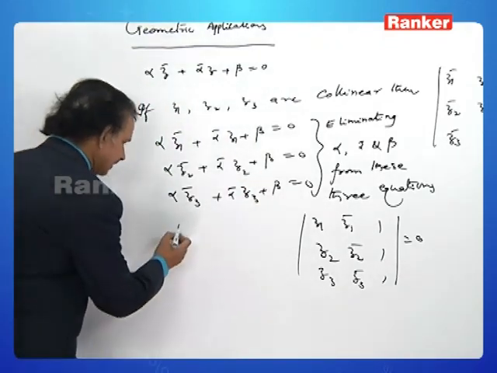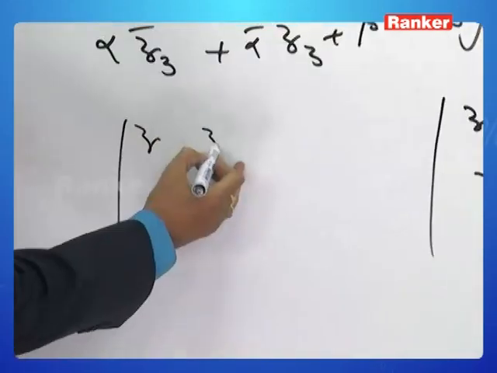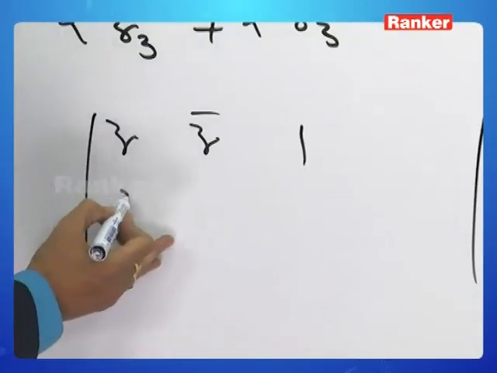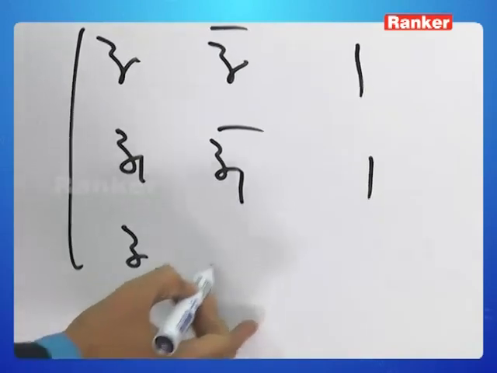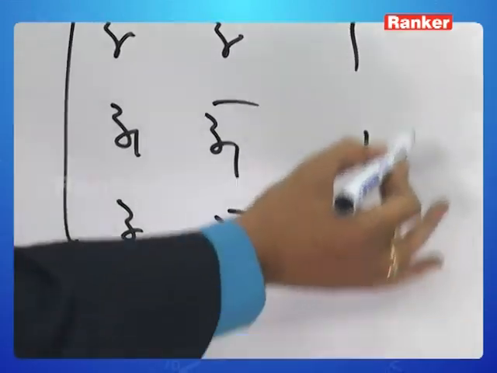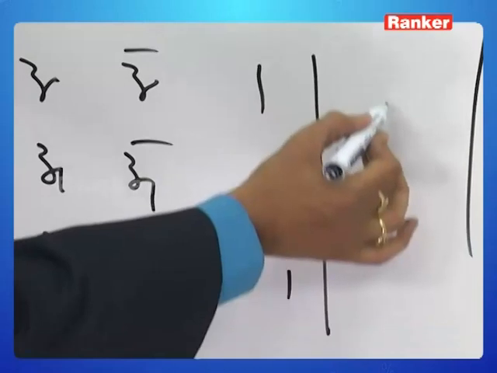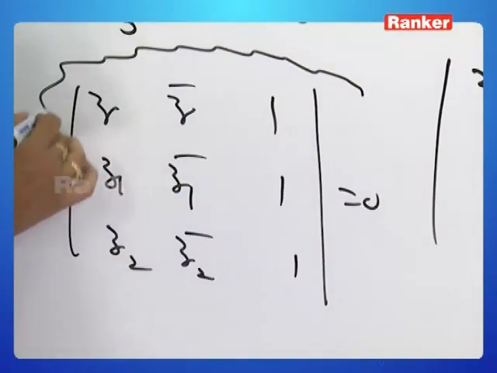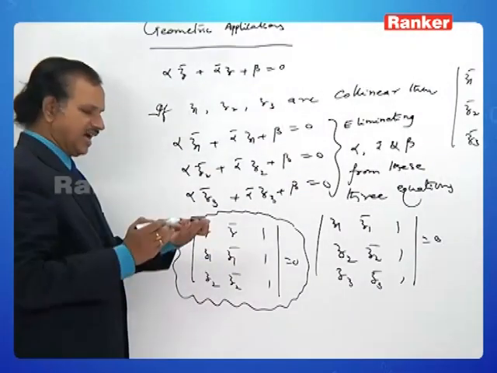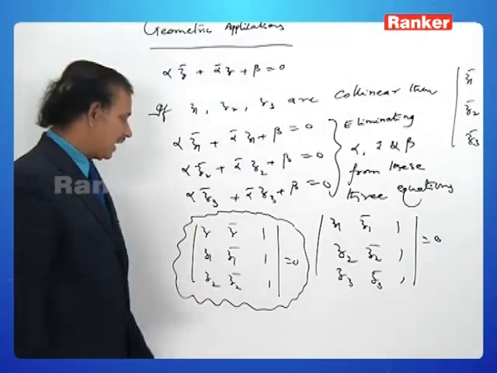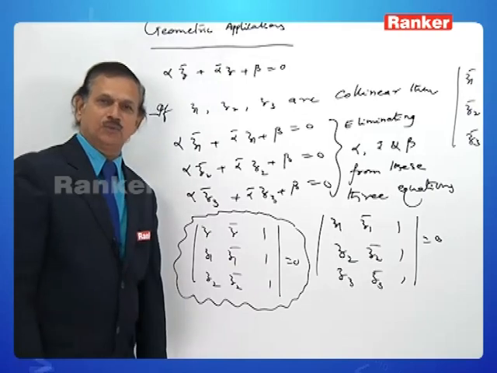Simply by looking at that, the determinant z, z bar, 1; z1, z1 bar, 1; z2, z2 bar, 1 is equal to 0. You can take this as the equation of a straight line joining z1 and z2 here.